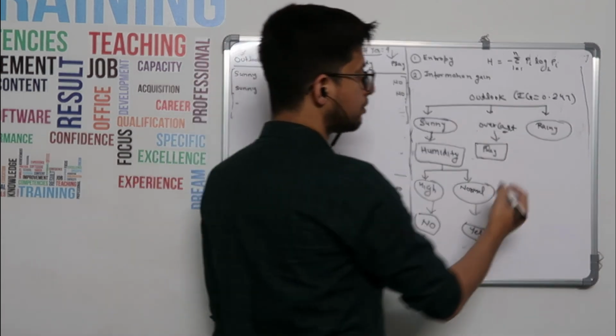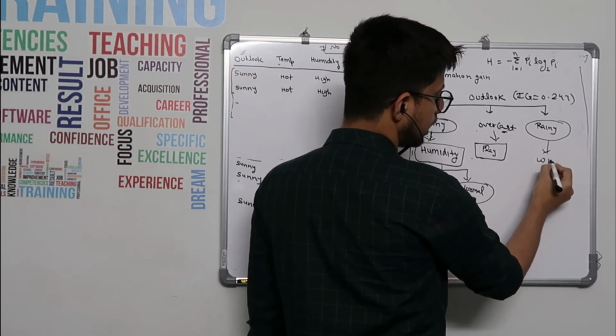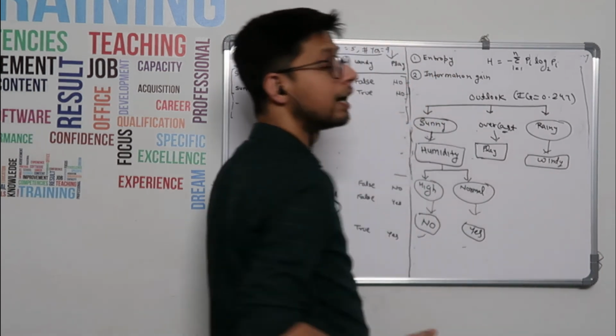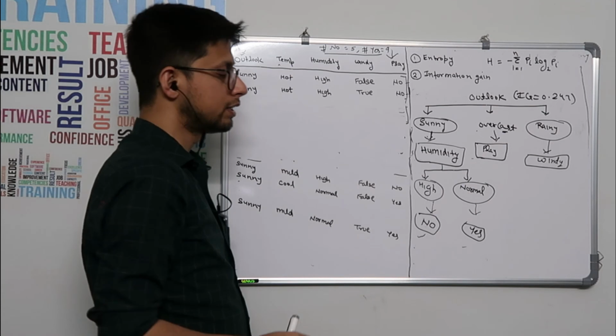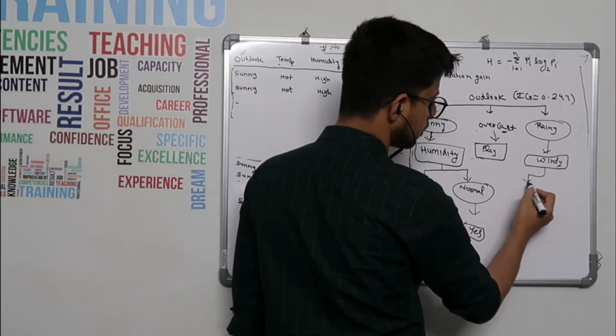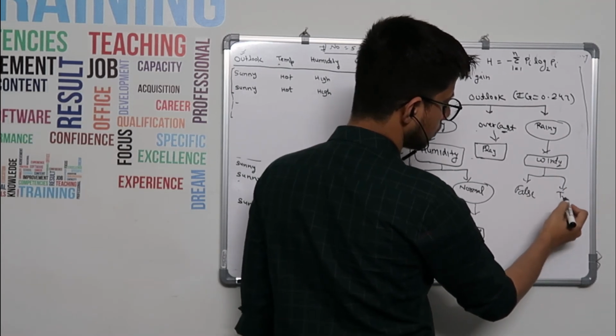Okay, and similarly here, if you calculate the information gain, you will see the windy node has the highest information gain. I am not going to calculate, I have already shown all the steps. If it is windy, how many conditions are there? Windy false and true.